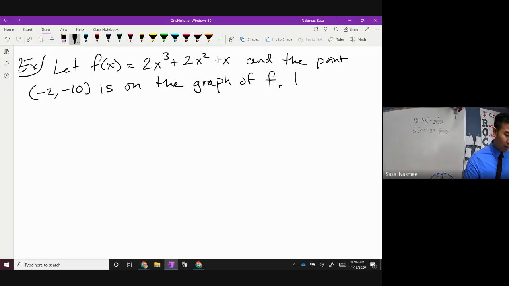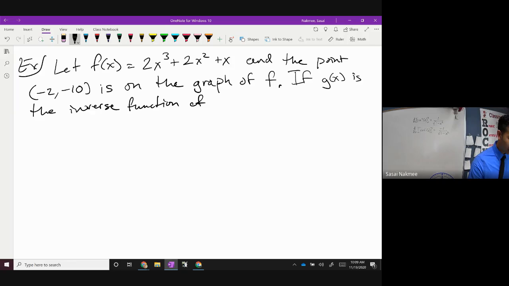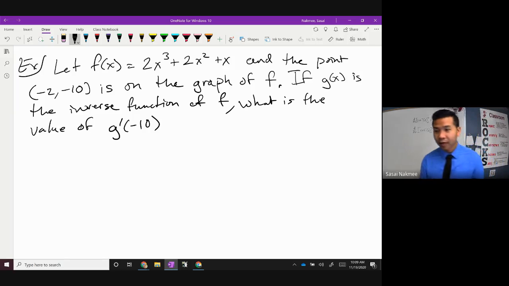Let's see here. If g of x is the inverse function of f, what is the value of g prime of -10? All right.